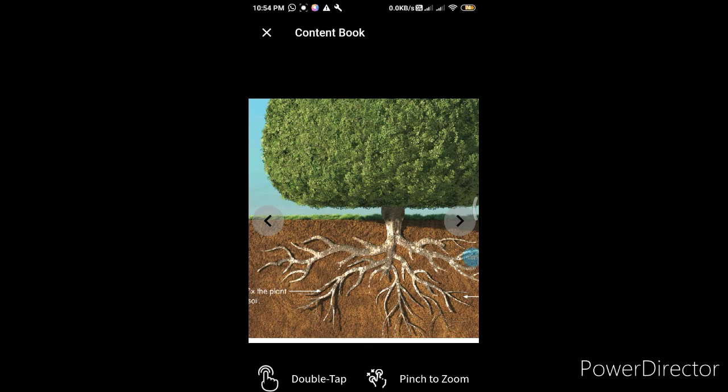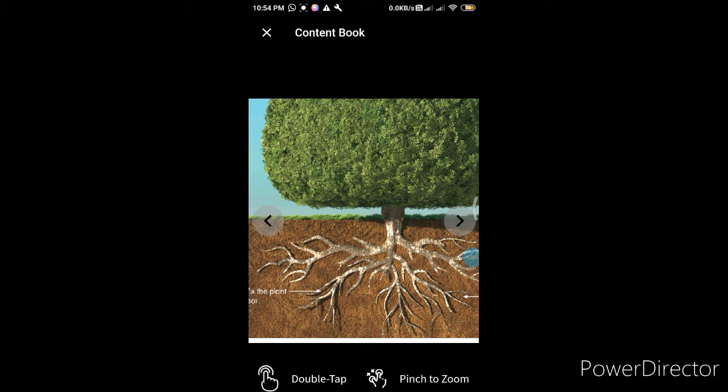So at that time, how are the roots helping the plant? They keep the plant from falling, make it stand firmly, and hold the soil. So these roots help to fix the plant in the soil at the time of a storm also. Understood?